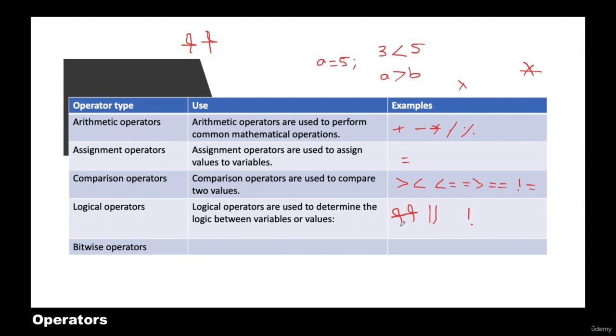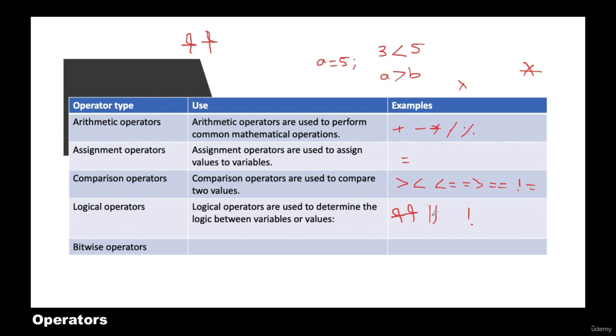If two conditions are true, then only AND will result in a true value. We will have a detailed look at this in future. Currently the basic understanding we should have is that AND is used to compare two conditions, and if both conditions are true, then only AND will return a true value.